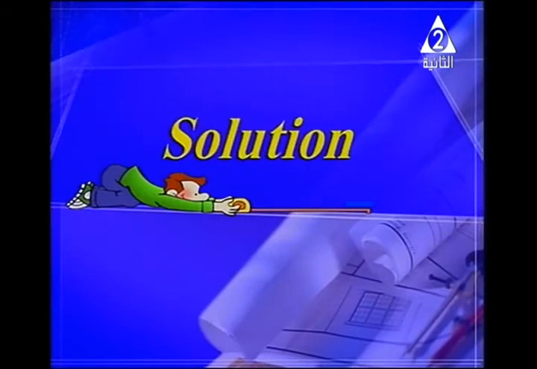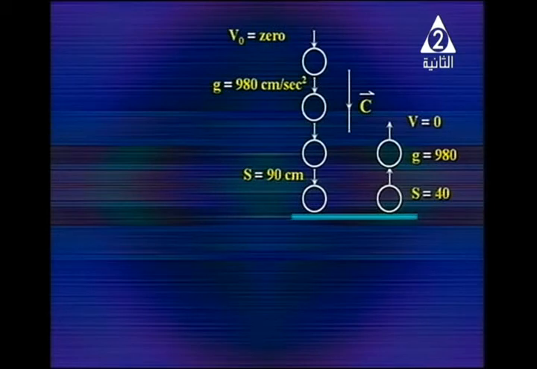Dear student, look at the solution. Look at the body. First, V naught equals 0. G, gravity, is 980 centimeter per second square. The distance is 90 centimeter. When the rubber ball impacts the ground and rebounds, S becomes 40, G is 980, but the final velocity equals 0.